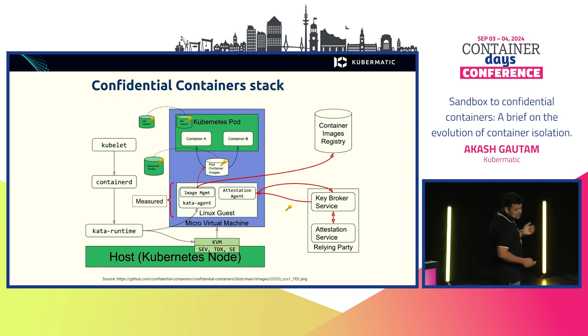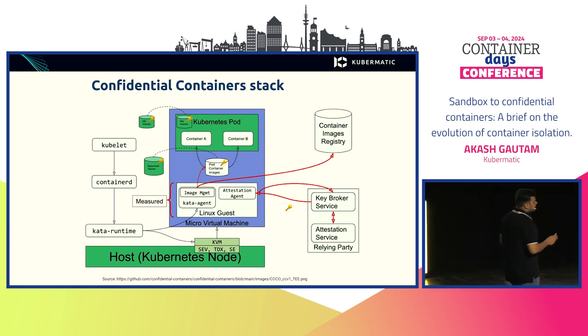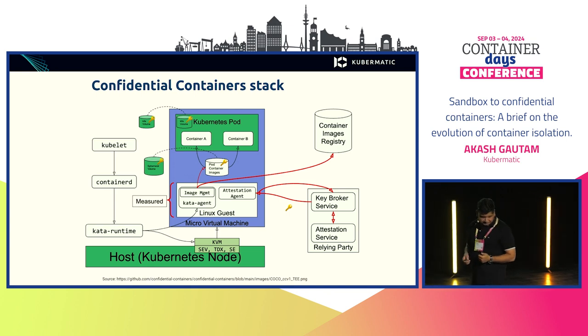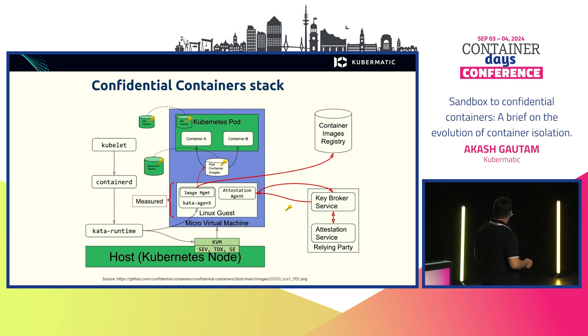So basically, this virtual machine acts as the trusted execution environment, or it is also referred to as a confidential virtual machine. So here we are basically trying to run an image which is signed, a confidential image, a confidential workload. We have signed the image. We are trying to run it in a confidential container environment.